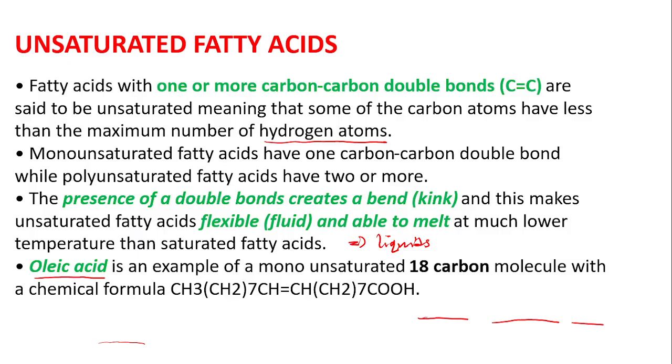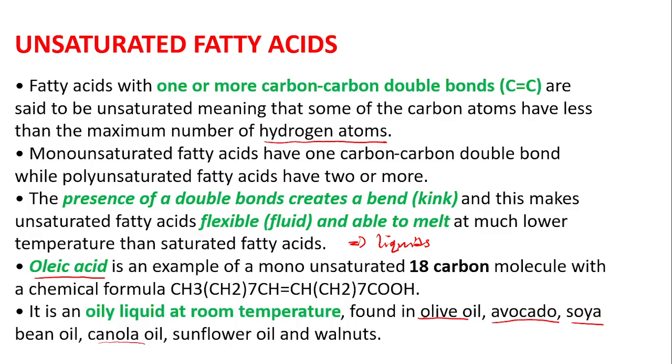And sometimes it depends on the place where the double bond has been formed, but in most cases, since this one here has 1 double bond, you remove 2 hydrogens.